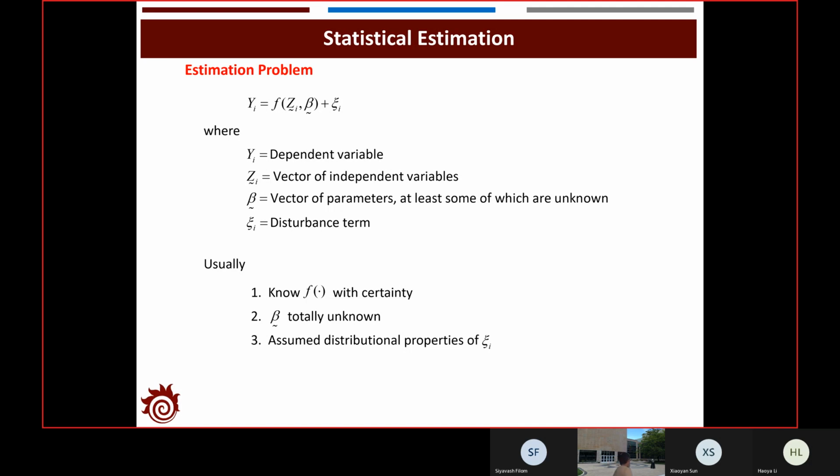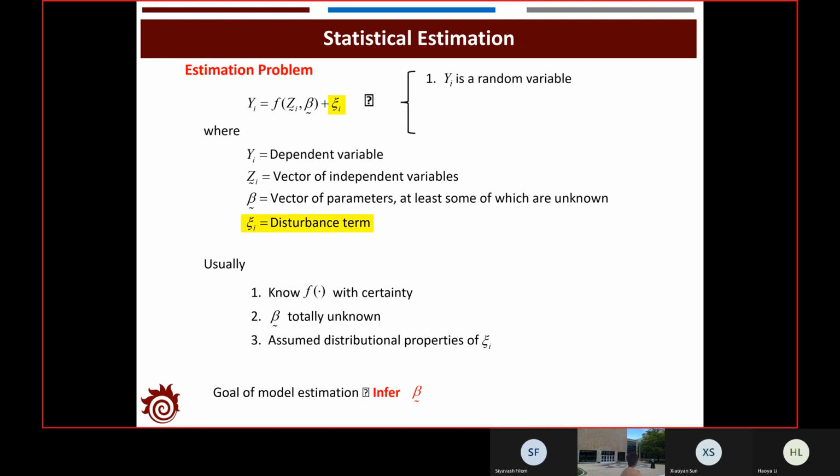So that's the assumption we made. And we're going to use all the observed data, the z values, and the observed dependent variables to estimate the value of beta. And that's what we do for this kind of linear regression, or statistical estimation.